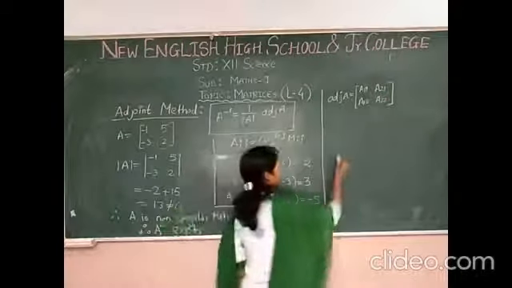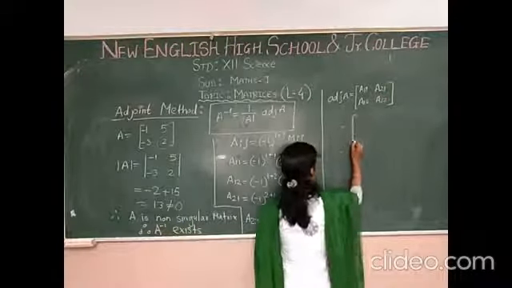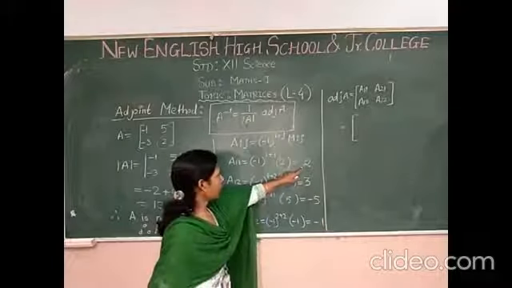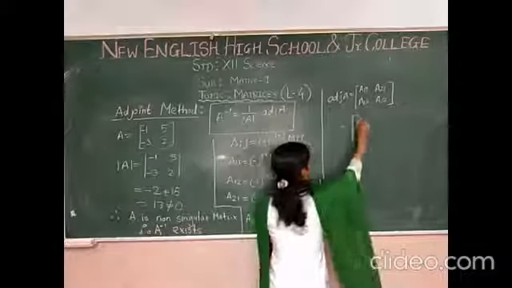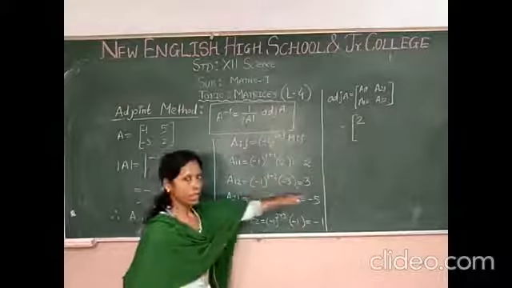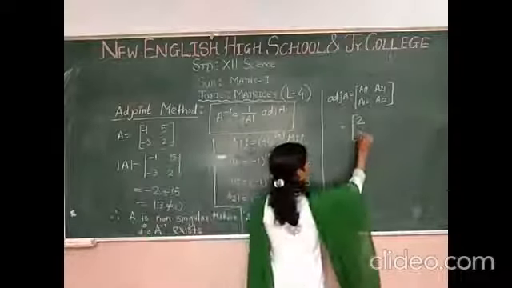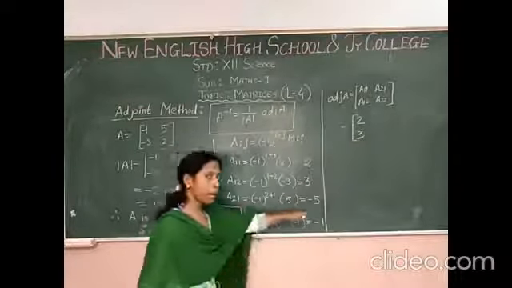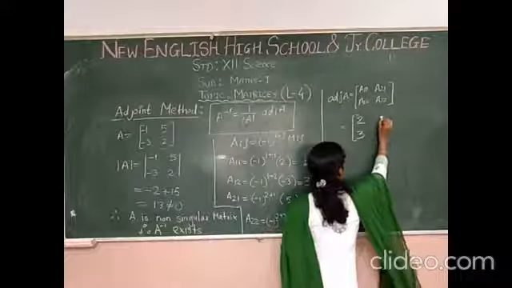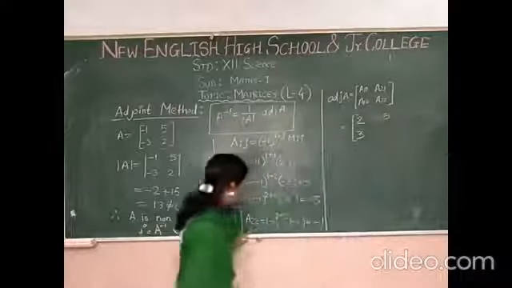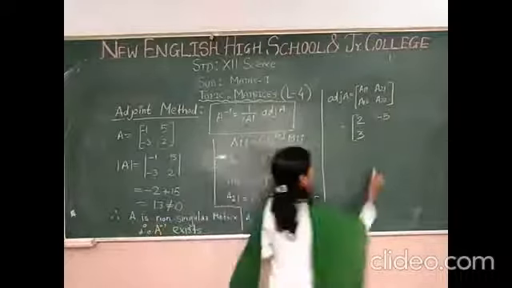Okay? And which is equal to: A11 is 2, A21 is minus 3, A12 is minus 5, and A22 is minus 1.